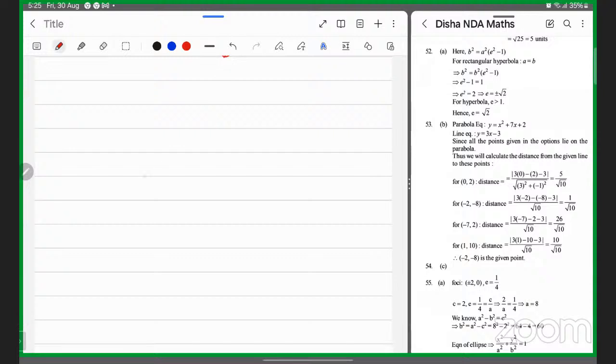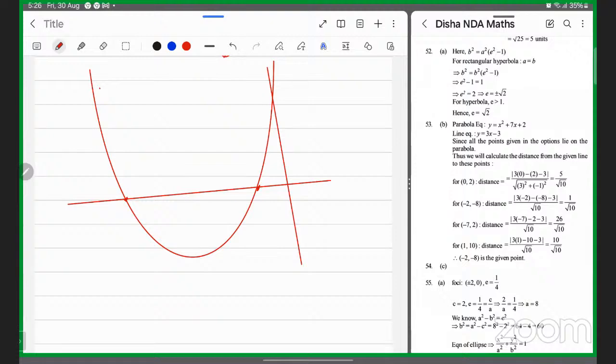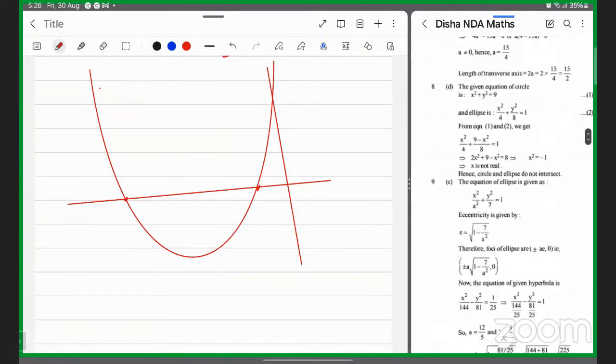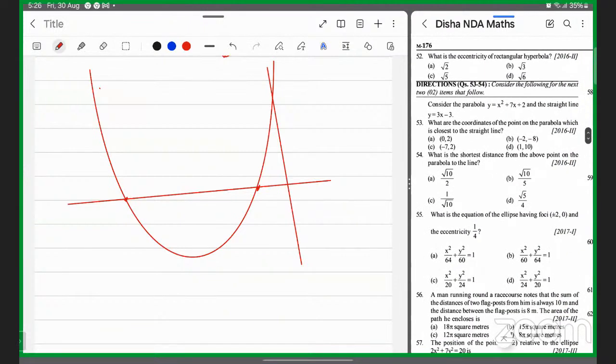Both 7 square is 49, and 4 times 2 is 8, so under root 41.